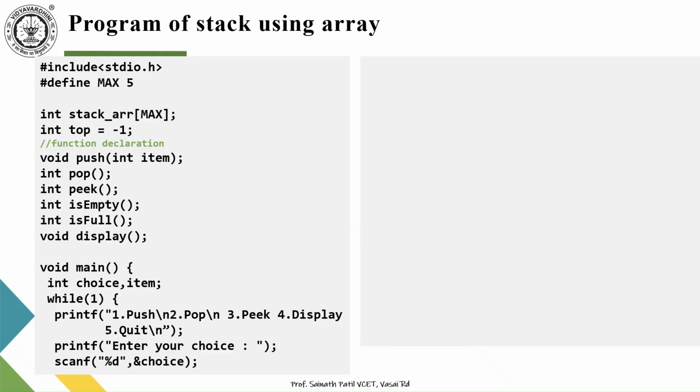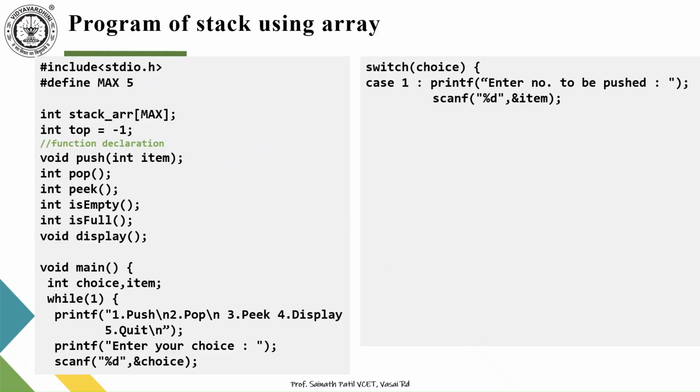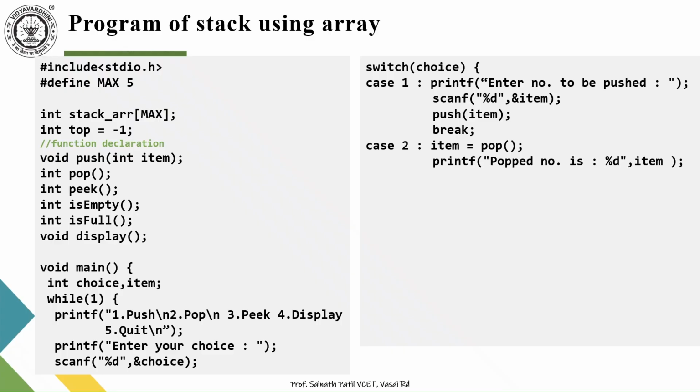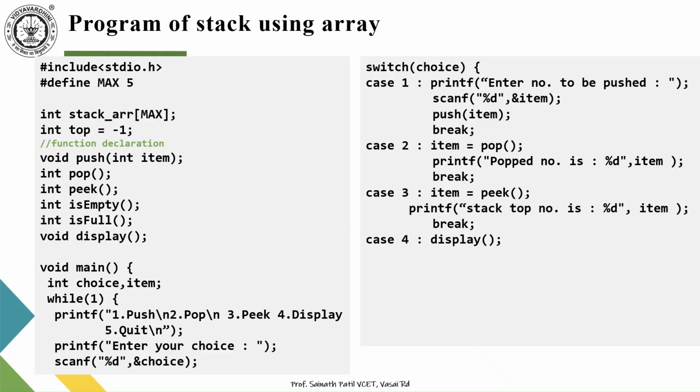And enter choice, scanf choice, and we use switch choice, a switch case. If case 1, that means push: enter item to be pushed, scanf item, and push item, the push function will get called, break. If case is 2, that means pop. So item is equal to pop, and we display the popped item, break. Case is 3, that means peek. We simply call the peek function and display it.